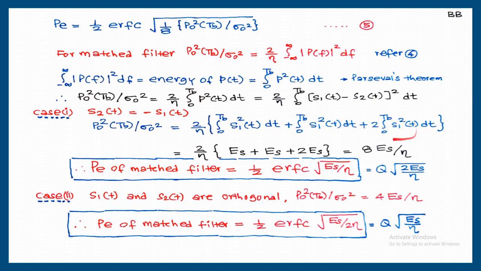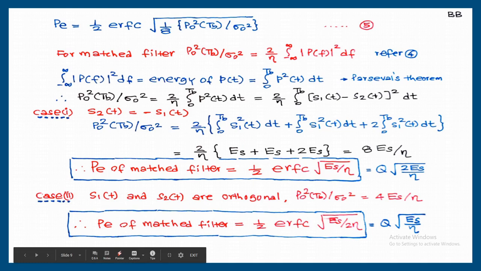The integral of s1 of t into s2 of t dt will be 0. So only Es plus Es, that is 2 Es into 2, only 4 Es by eta. Then substituting that 4 Es by eta here, it will be half complementary error function square root of Es by 2 eta. And the equivalent Q function result is Q of root Es by eta.